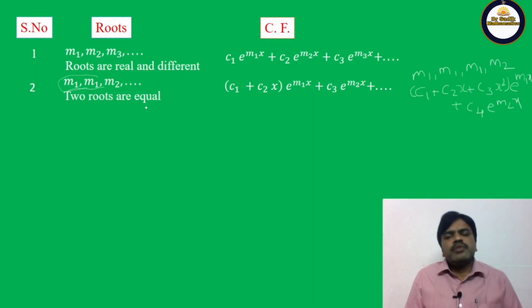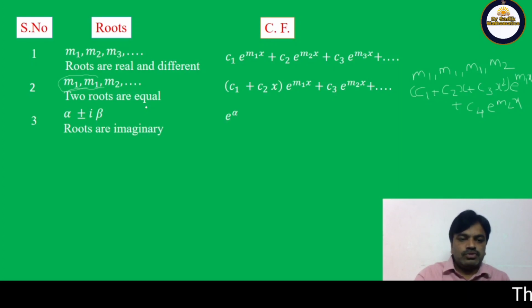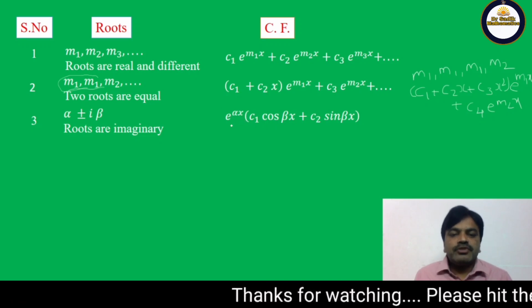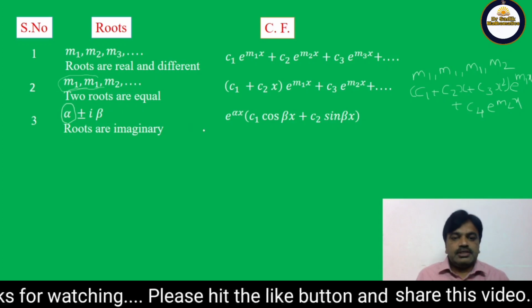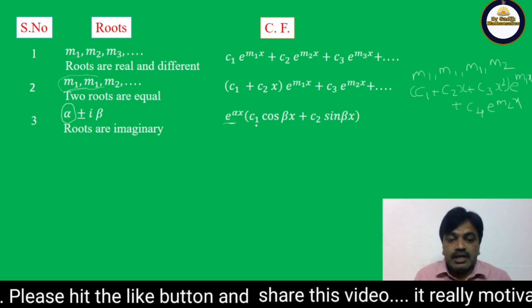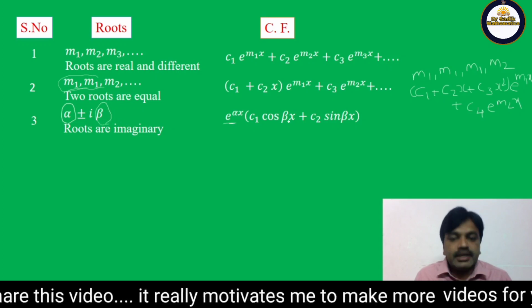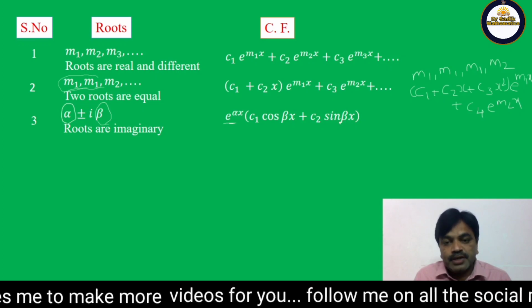Sometimes we may get imaginary roots. In such cases, what is the complementary function? Let us see. Alpha plus or minus i beta, imaginary roots. Then the complementary function is e power alpha x into c1 cos beta x plus c2 sin beta x.